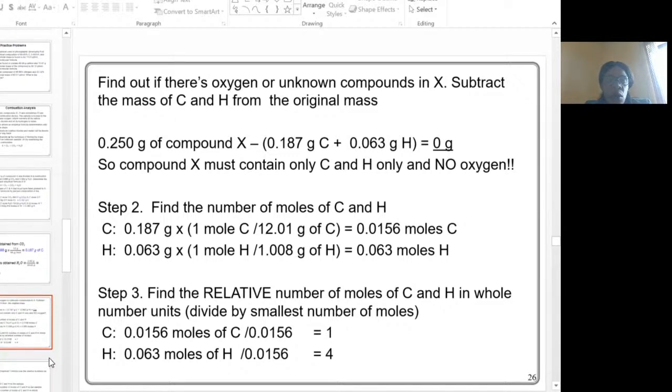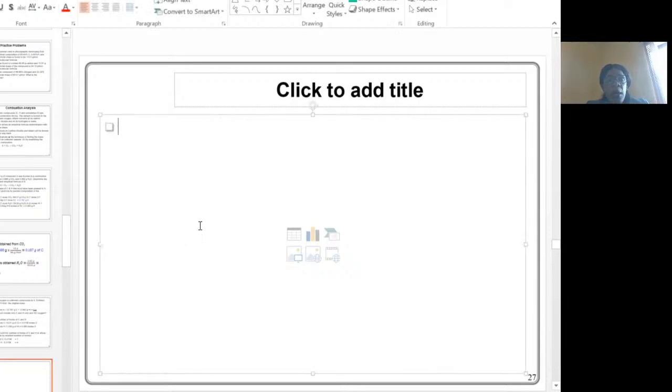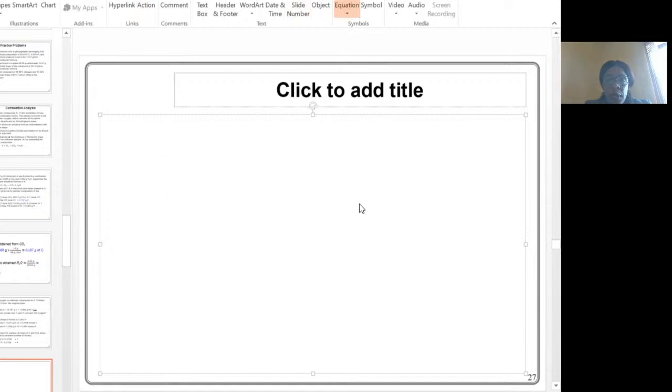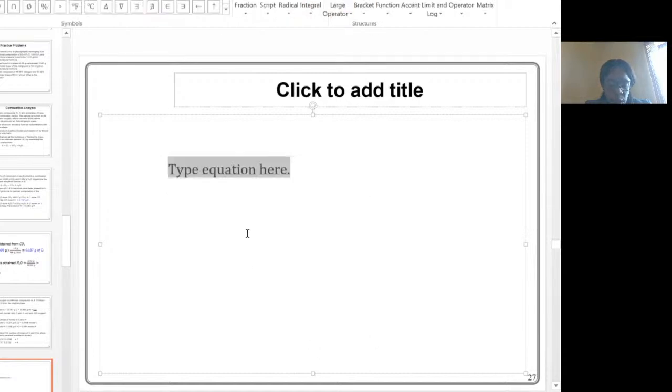For those who may be lost, I'm just typing the formula down here so that you are able to see it: moles is equal to mass over molar mass.